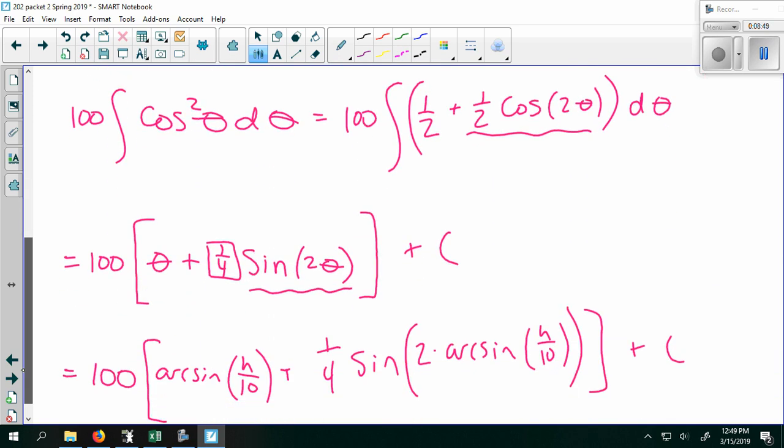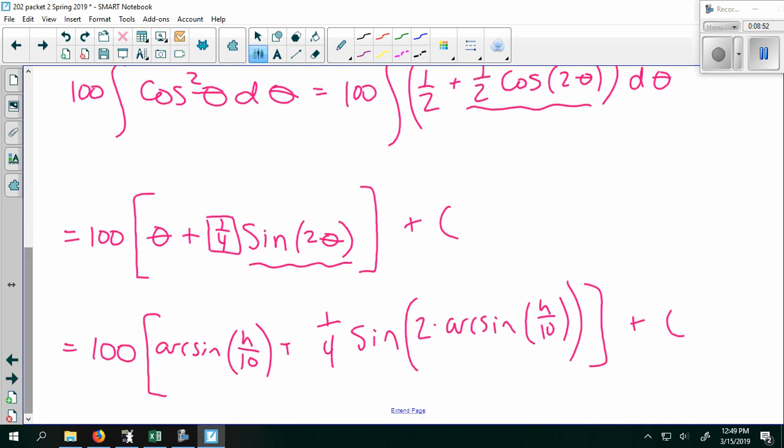Scroll down. 100 times the arc sine of h over 10. And so I need to evaluate this antiderivative from 0 to 10.